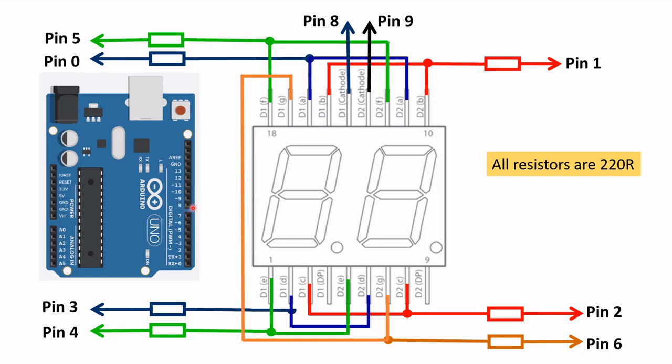So pin 8 is here, pin 9 is here, and so on. So basically you need to connect the segments that are the same together and then connect them to a resistor and take it to the appropriate pin as marked here. The pins that you see here are the pin numbers on the Arduino Uno board.